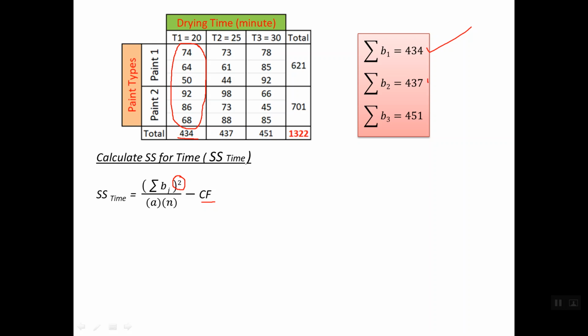Regarding the second level of the drying time, we sum up these 6 observations, so the total is 437. And regarding the third level, which is B3, the summation is the total of all of these observations, so it is 451.